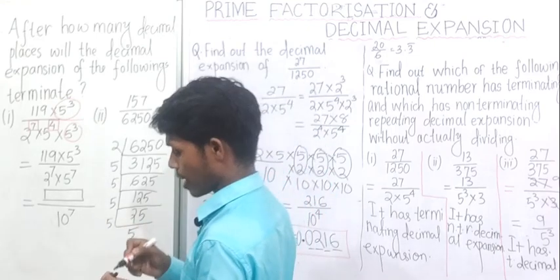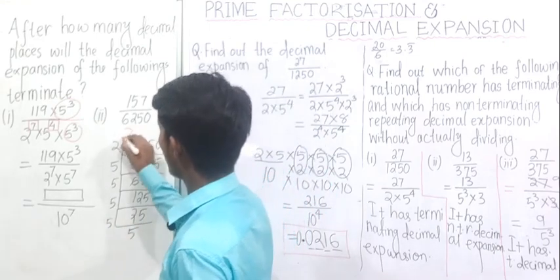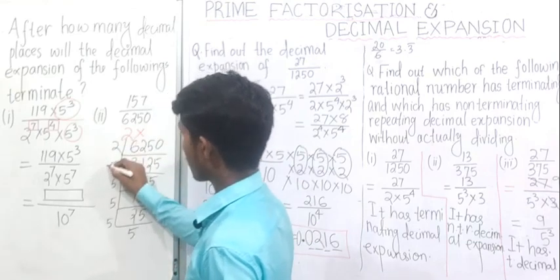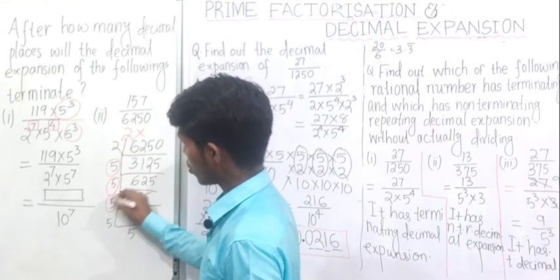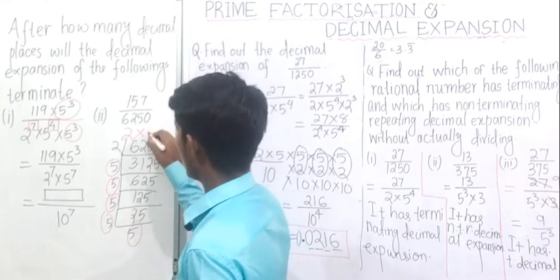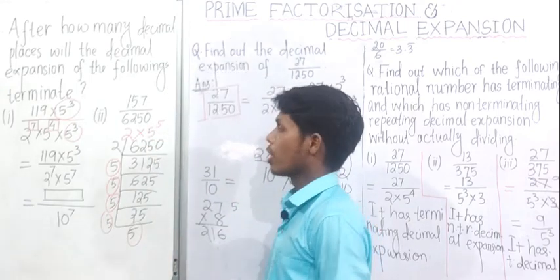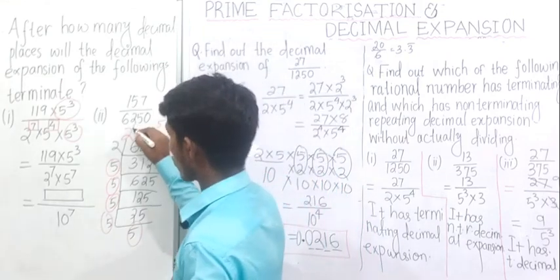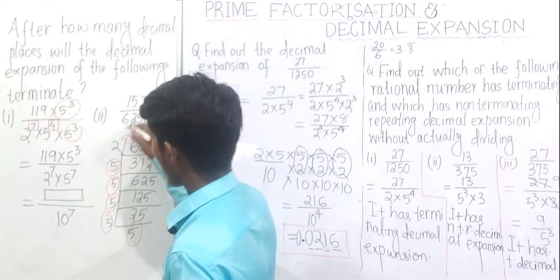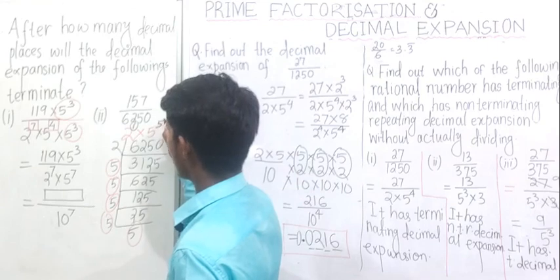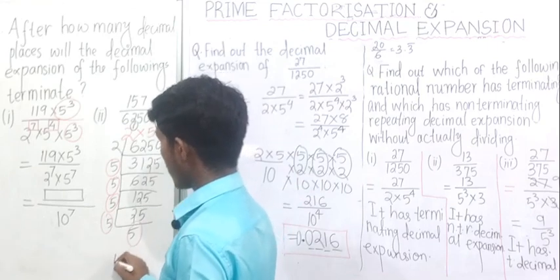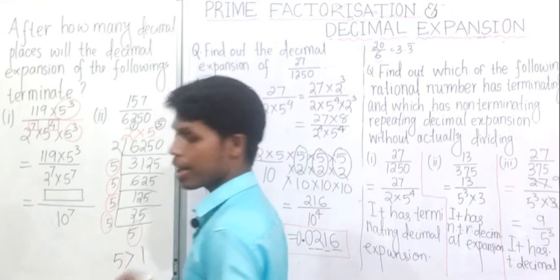Zero can be written as 2 multiplied by 5. How many times are there? 1, 2, 3, 4, 5 times are there. So it is 2 into 5 to the 5th power. Here 2 has exponent 1 and 5 has exponent 5, and 5 is greater than 1, so the answer is 5.